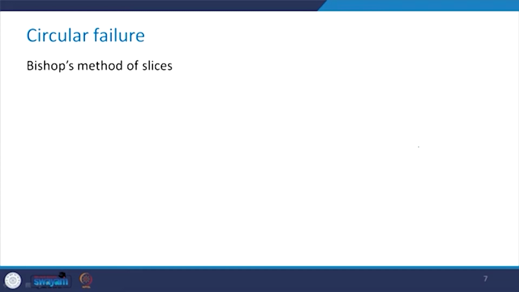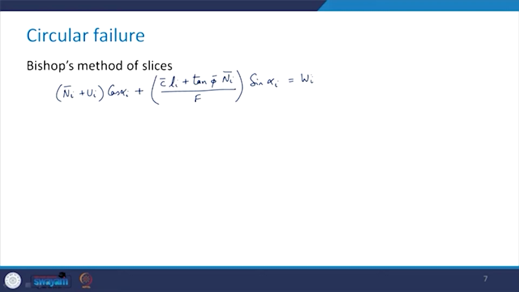Now, you substitute this in equation number 1, what we are going to get is Ni bar plus Ui cos alpha i plus c bar Li plus tan phi bar Ni bar divided by F, and we have a term sin alpha i, and this will become equal to Wi.